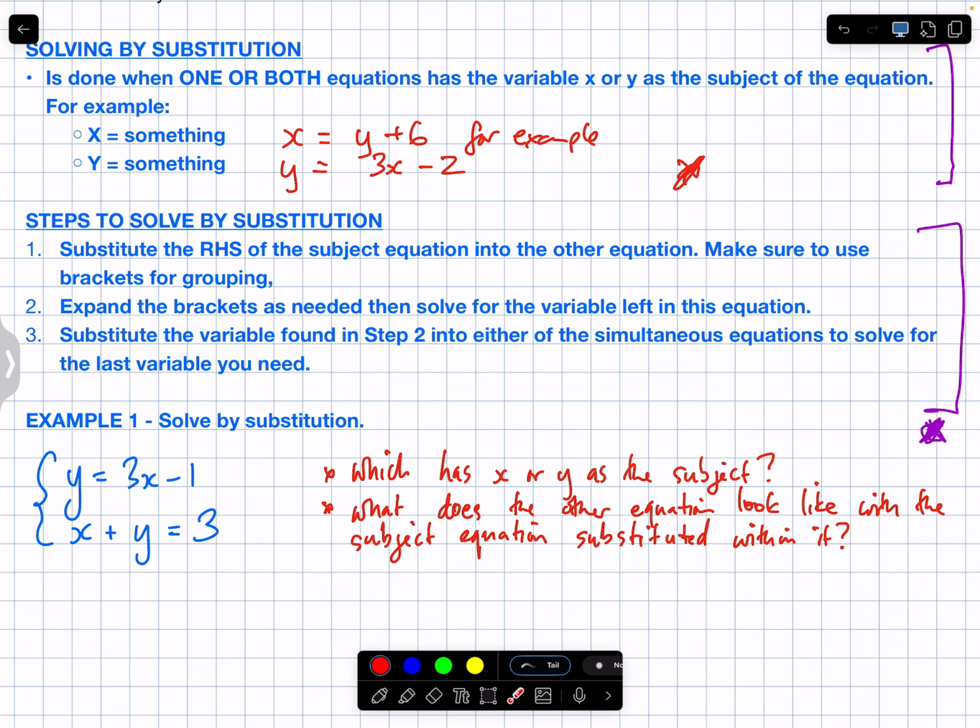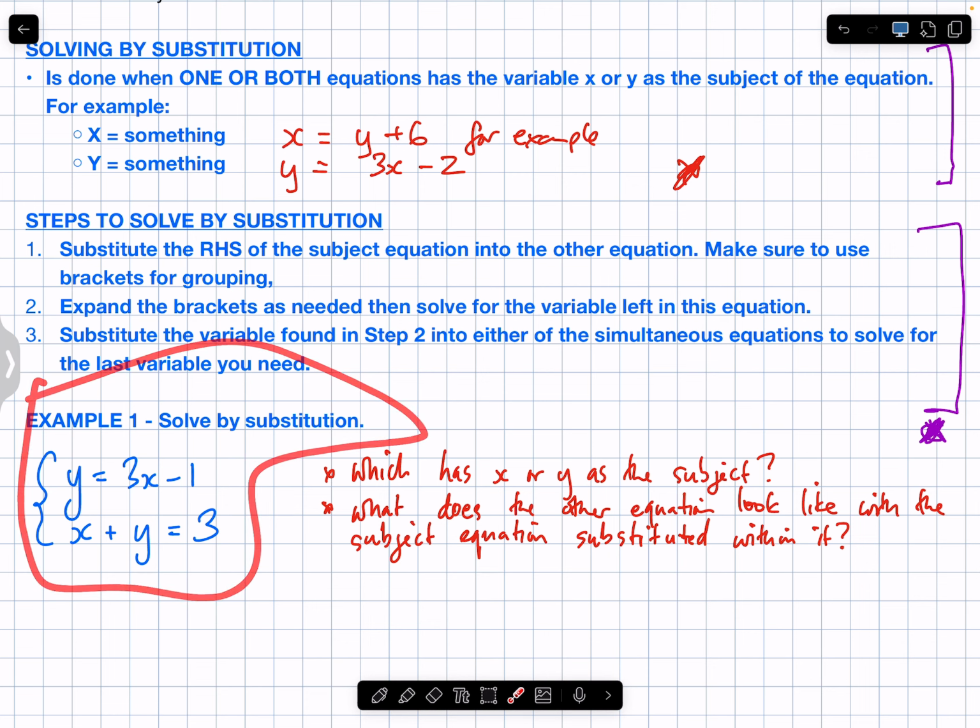So the one we're going to practice solving is this one, example 1. I'll do 2 examples though.